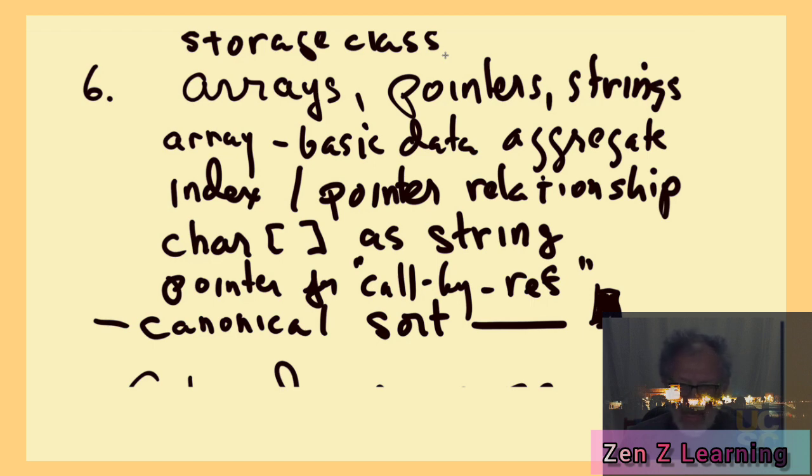Arrays get addressed through indexes, and the indexes have an important relationship to the data type pointer. So that's to be understood, indexing and the pointer relationship. Finally, there is no native string type in the C language.